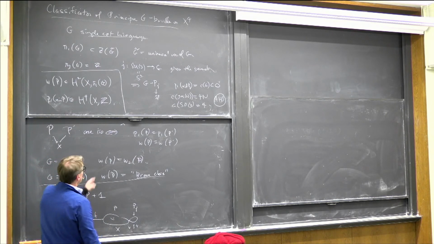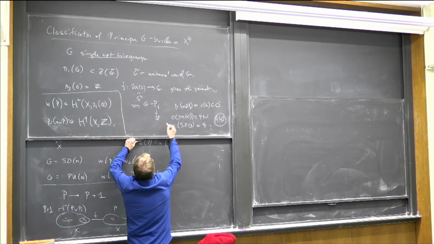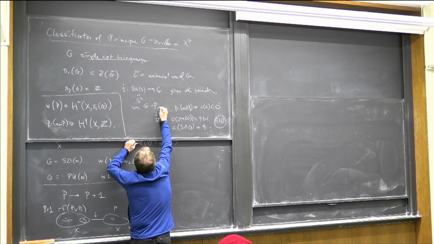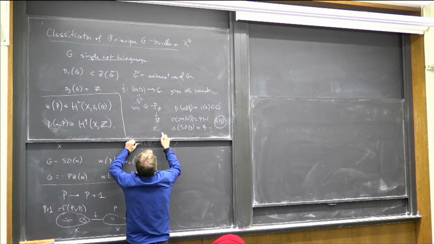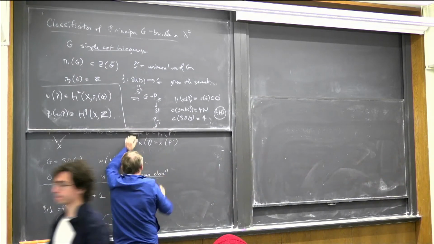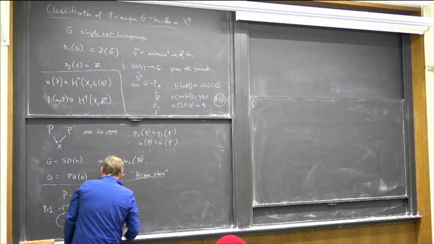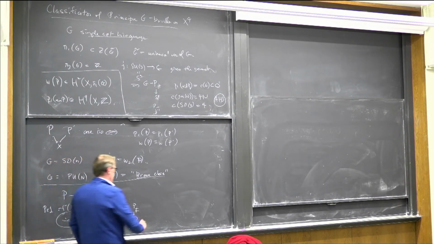Now, let me call this one P plus. I could also take P minus, where the clutching function is J inverse, and then I can pull back these guys, and I get P plus or minus 1.